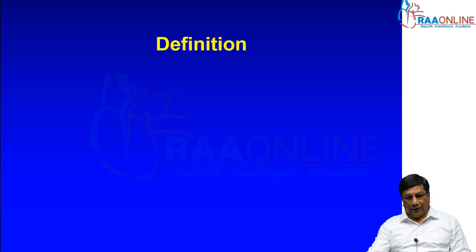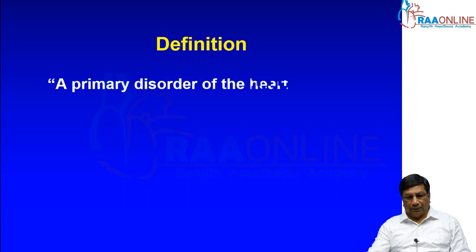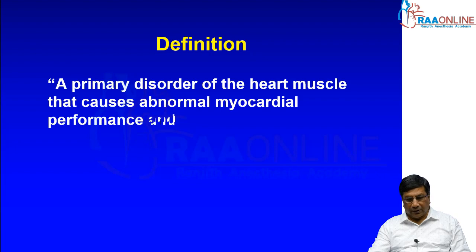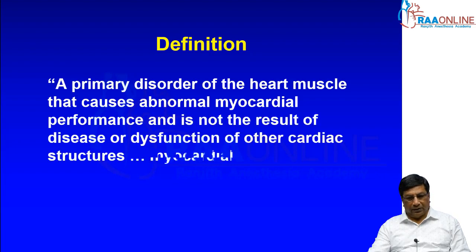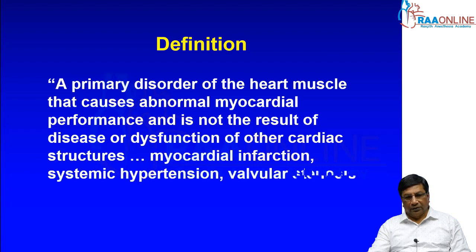What is a cardiomyopathy? It is a primary disorder of heart muscle that causes abnormal myocardial performance, systolic or diastolic, and it is not the result of disease or dysfunction of other cardiac structures.